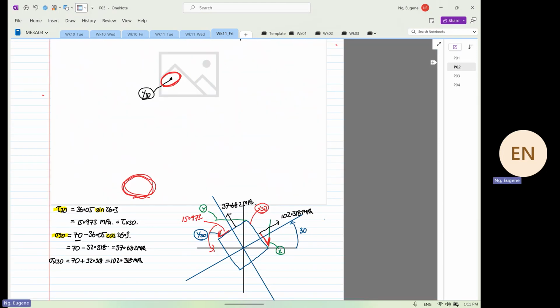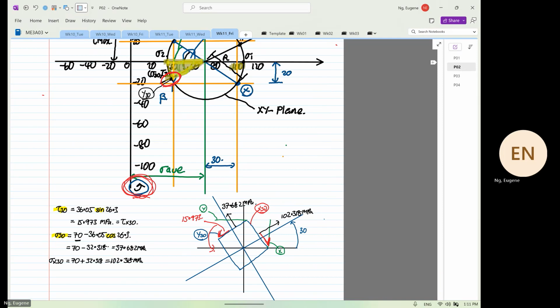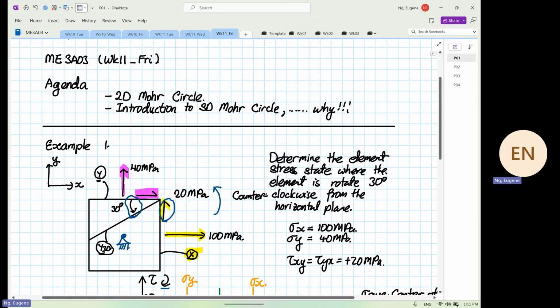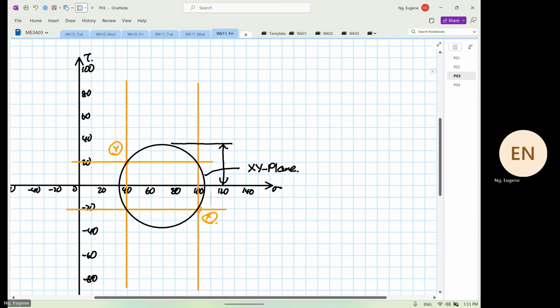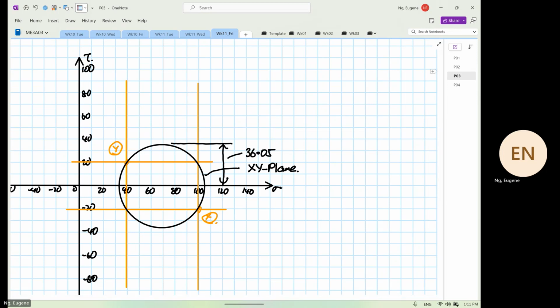The value is what? Tau max, can't remember now. Tau max is equal to 36.05. Right? And then we specify a material.